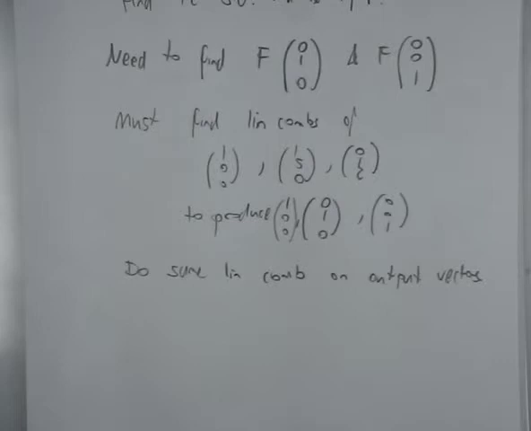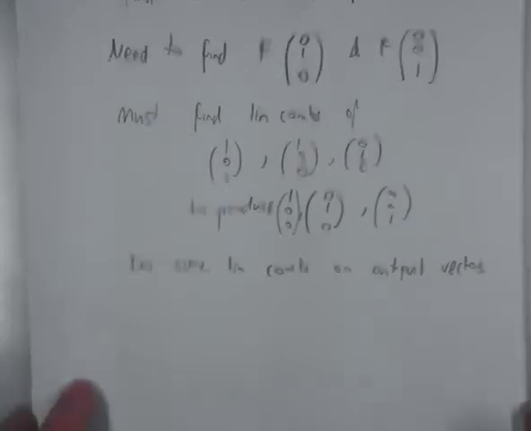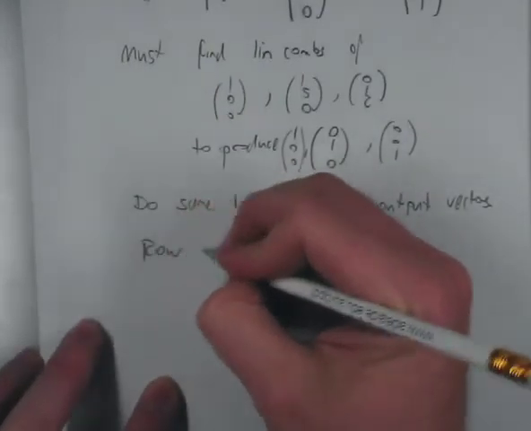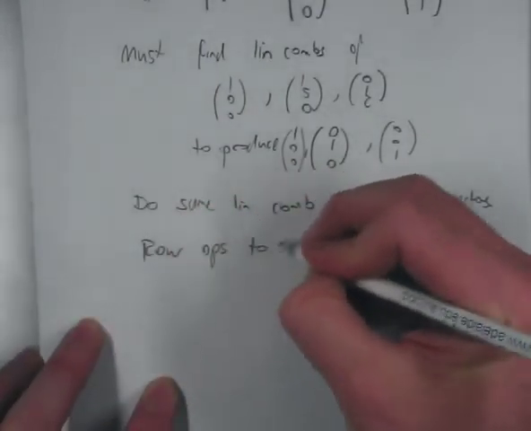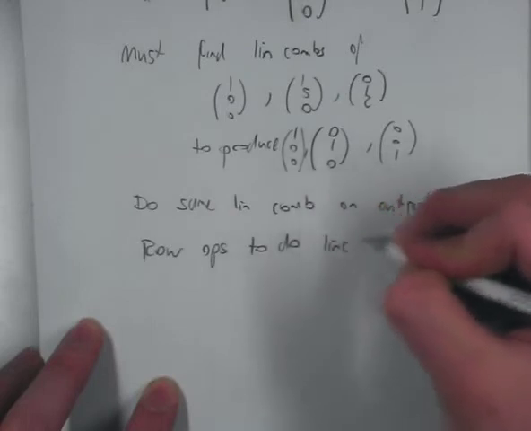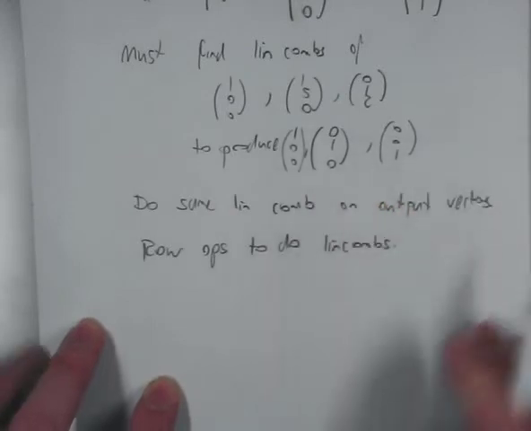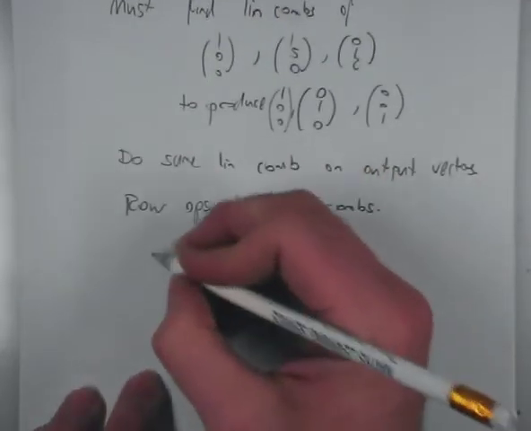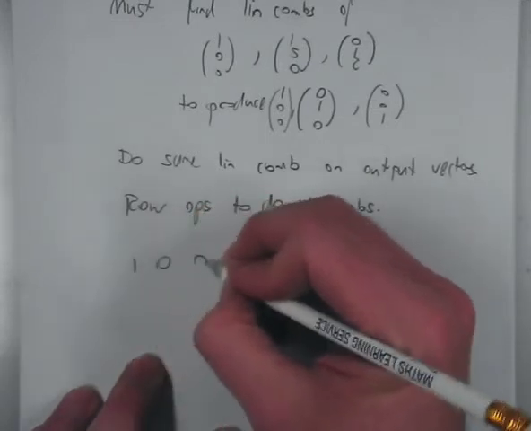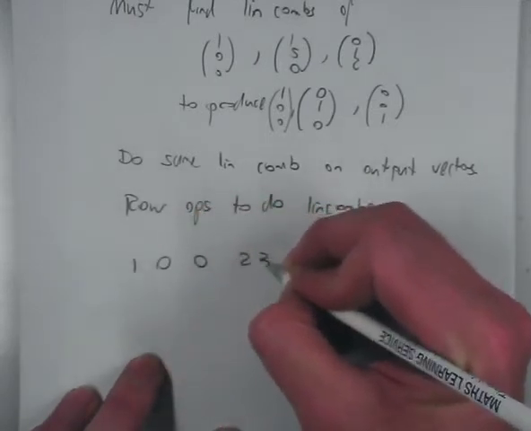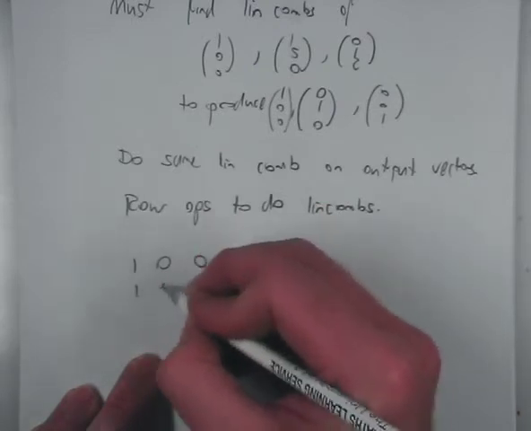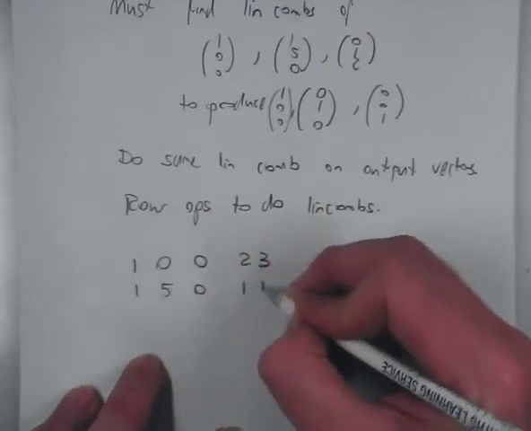Yep. And that will produce the answers that we want. Awesome. Well, row operations do linear combinations of rows. So if we just wrote everything as rows and did row operations, then we would get what we want. So row ops to do linear combinations. Let's have a look at this. We know that 1, 0, 0 produces the answer 2, 3. And 1, 5, 0 produces the answer 1, 1.